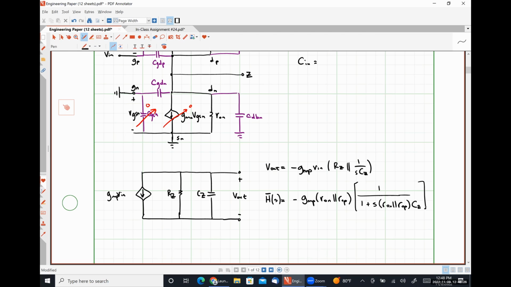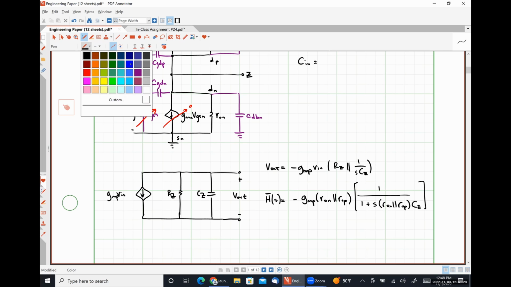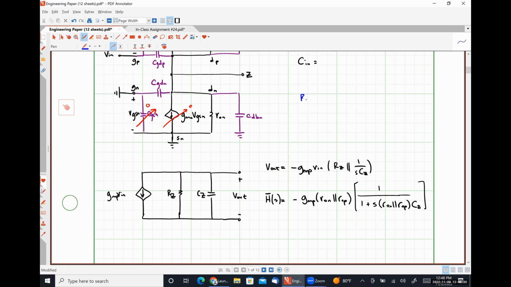Just to be really clear here, whenever I have R in parallel with 1 over SC, this becomes R over 1 plus S RC, and then I just use that relationship directly there. This quantity right here is our mid-band gain.